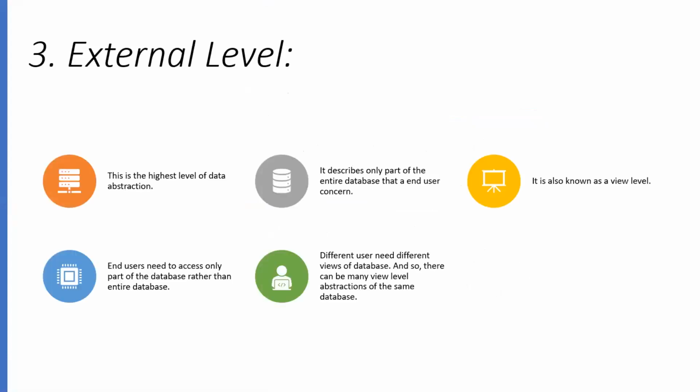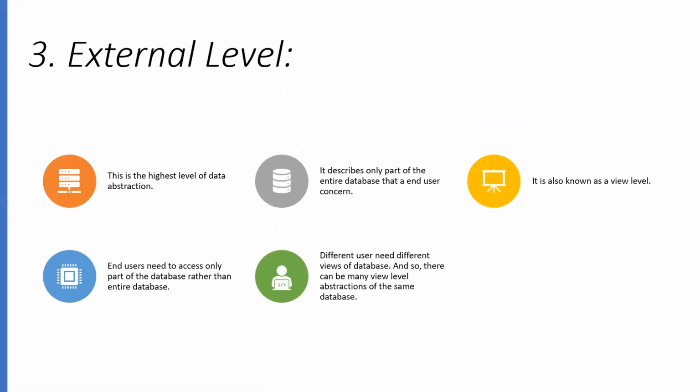Third one, external level. This is the highest level of data abstraction. It describes only the part of the entire database that the end user is concerned with. Who are the end users? The persons who want to access and store the data in the database. There are so many end users.